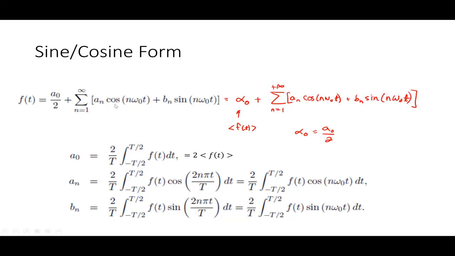the average value of cosine and sine over a fundamental period is always 0. So if you took the average value of f of t, that's the average value of A naught over 2. Well, that's a constant, it's just A naught over 2, plus the average value of that sum of sines and cosines.